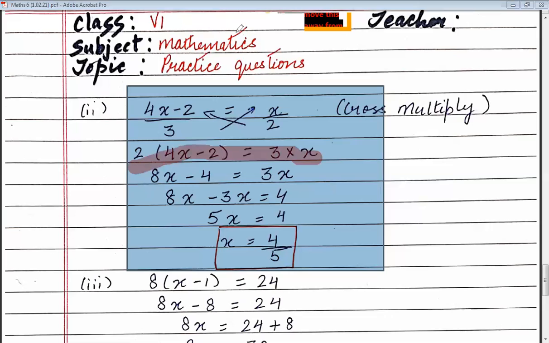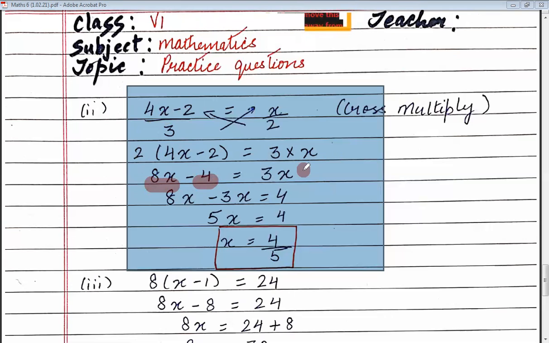Now, I guess you remember your distributive property. 2 will be distributed to 4x as well as with 2. So it means 2 will multiply with 4x as well as 2 will be multiplied with 2. Okay, so now 4x into 2 will become 8x and 2 into 2 will become minus 4.